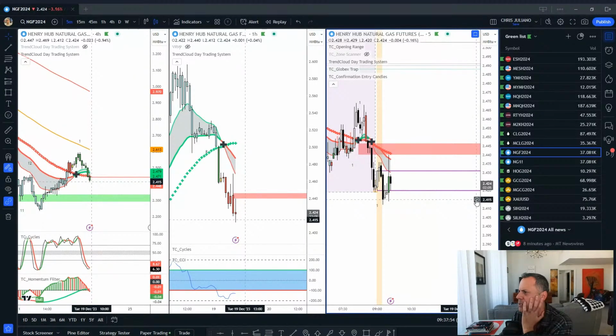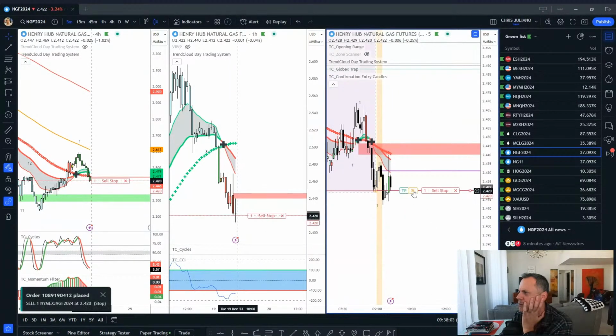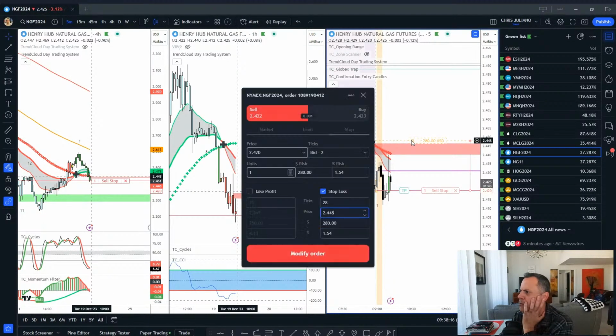Let's see. Can we take the breakout of 210? If we put it here, you know what we could do?